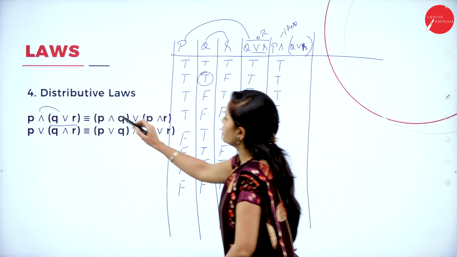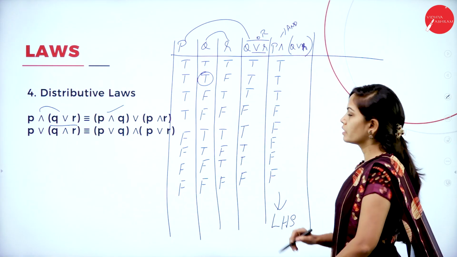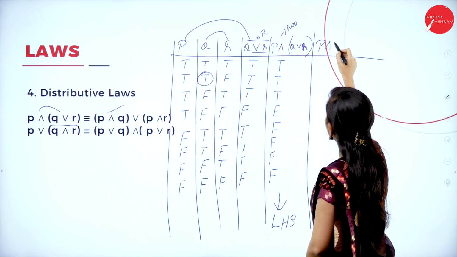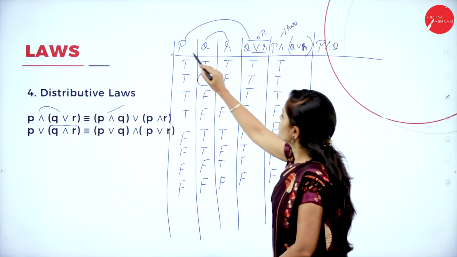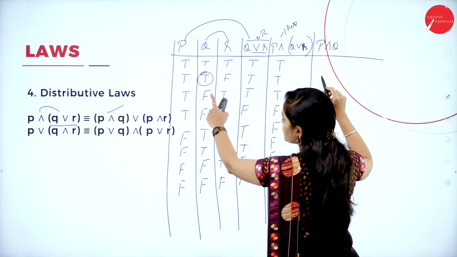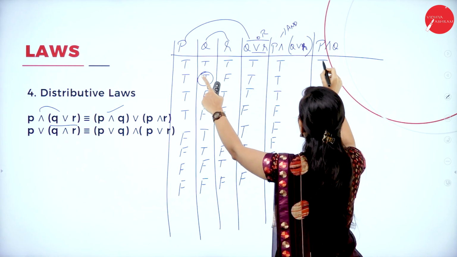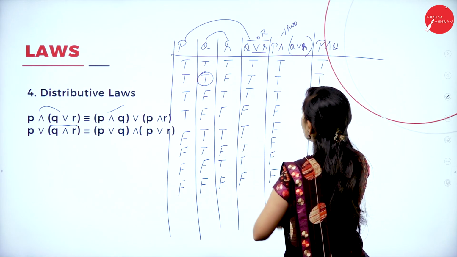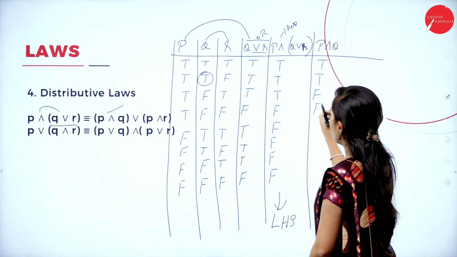Now I will find out the RHS statements. P ANDed with Q. Take these two columns, P and Q. In the AND operation, if any one of the statements is false, it is false, otherwise it is true. True, true is true. True, false is false.